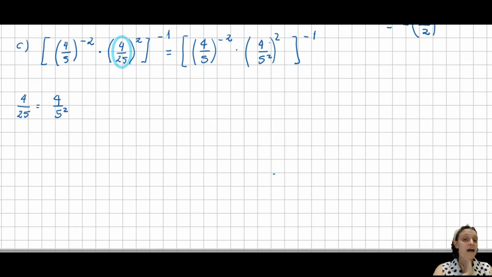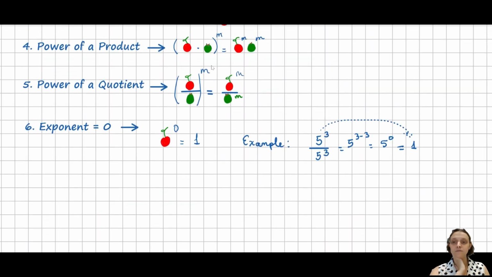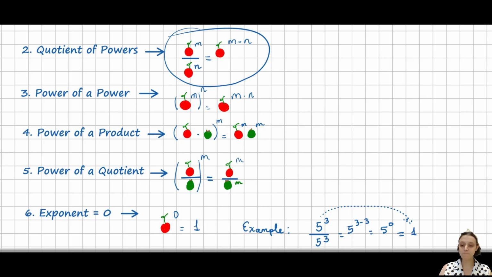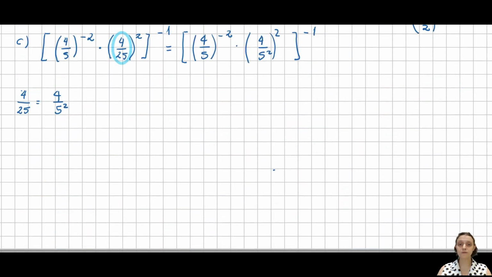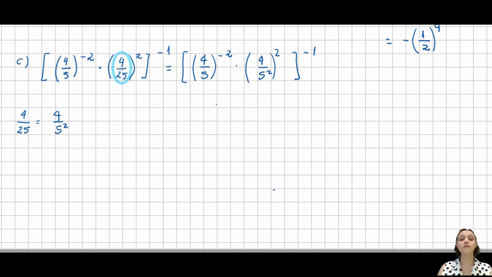So what do we have here? From the properties seen at the beginning of the video, we have the quotient of powers, which is this one right here. Okay, so we're going to apply that property number 2, where we have, oh wait, no, it's not quotient of powers, I observed wrongly, because we have two different bases right here.